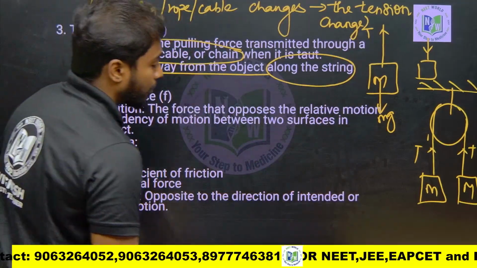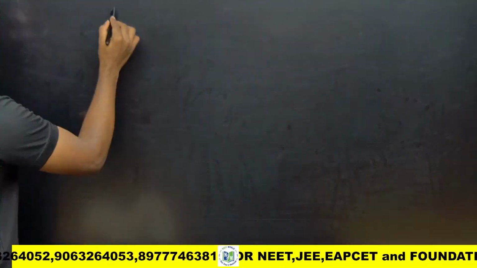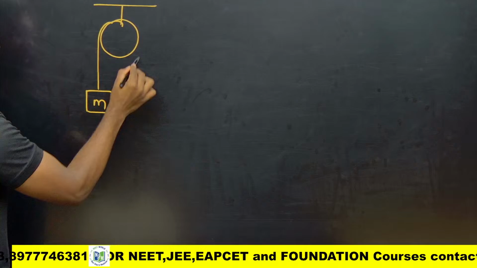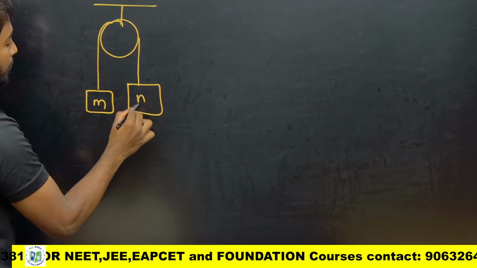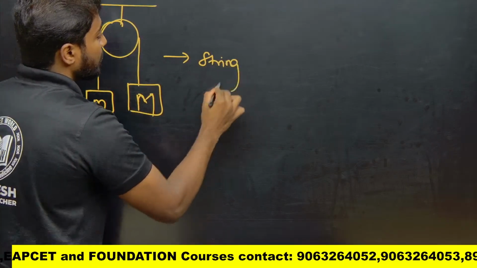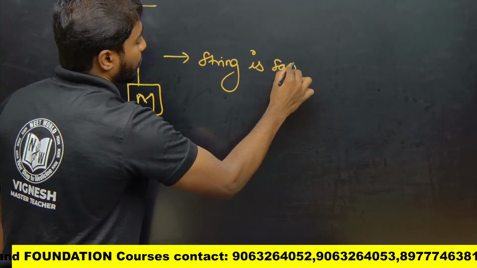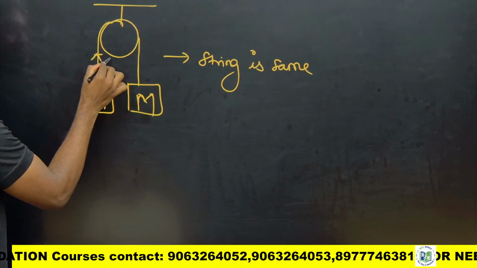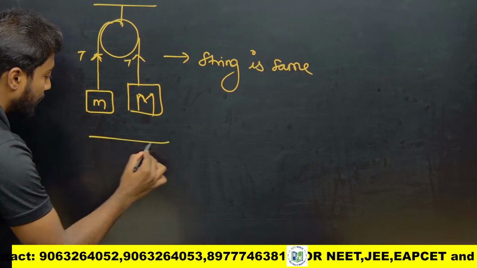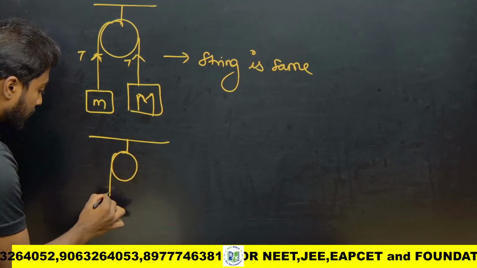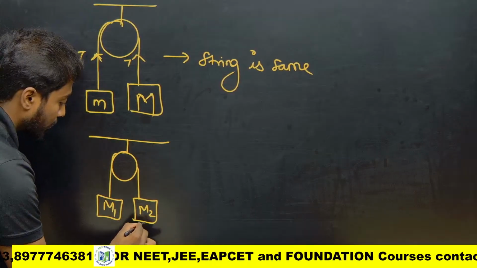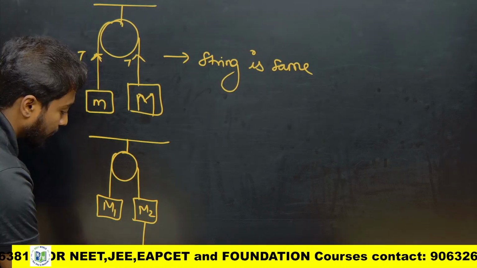So I will show you a diagram here. This is the one case where small mass m and capital mass M are there. In this case, the string is the same, which provides the tension, T. When I take it like this, M1, M2 and M3, okay.